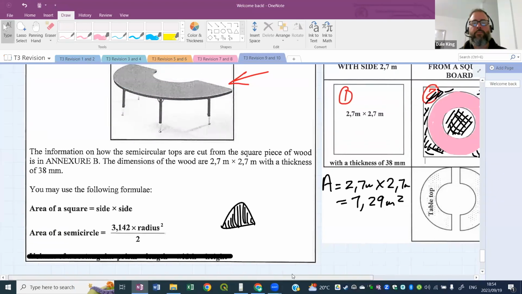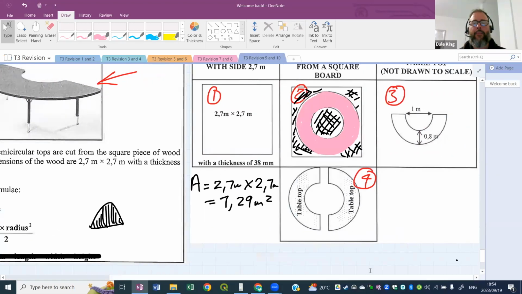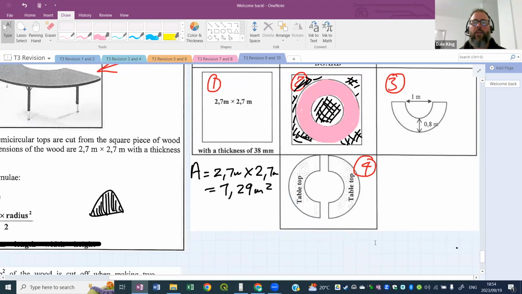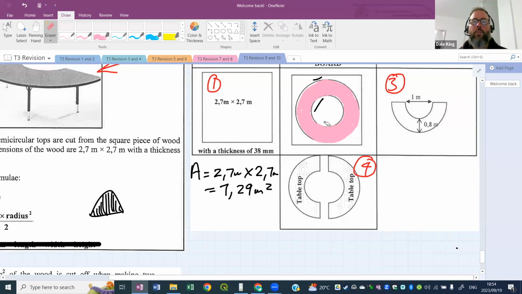Yeah, it's a circle. So I think you have to work out the area of a semicircle. Okay. Now, before we do the semicircle, I just want us to get a mental picture of what's required here. So we've got a square piece, there's the white area, and we've got the pink area there, which is the wood of the tabletop.